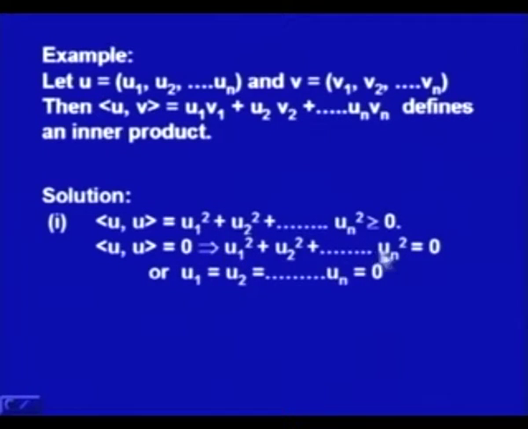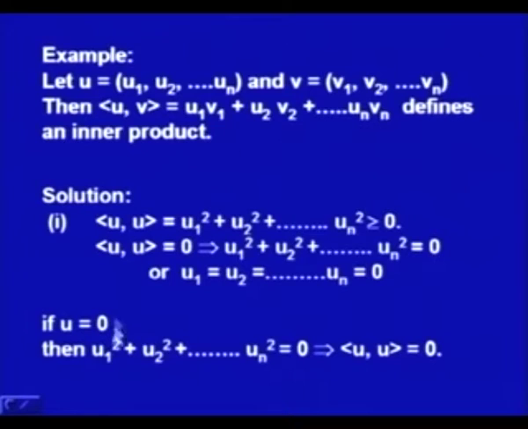Since all these numbers are non-negative, their sum will be 0 only when individual terms are 0, that is u1, u2, ..., un are 0. That means u comma u is 0 simply means that u is 0. And if u is equal to 0, then u1 square plus u2 square plus ... plus un square is equal to 0, so u comma u is 0 for the 0 vector. That proves the first part.